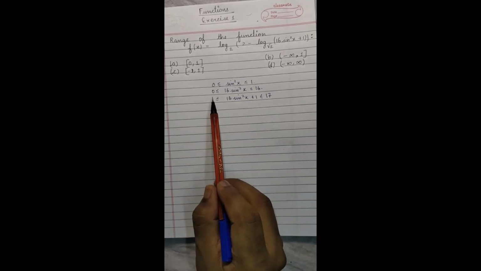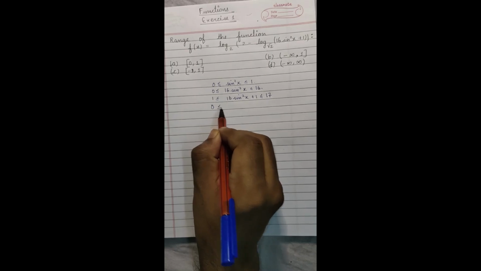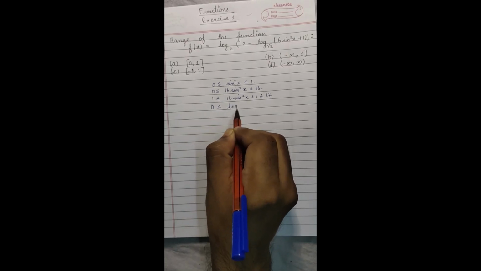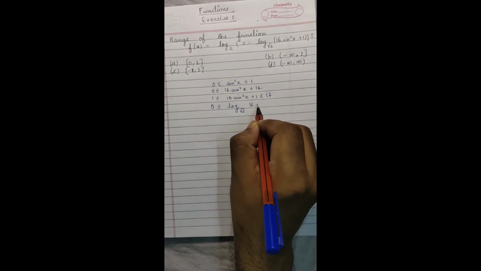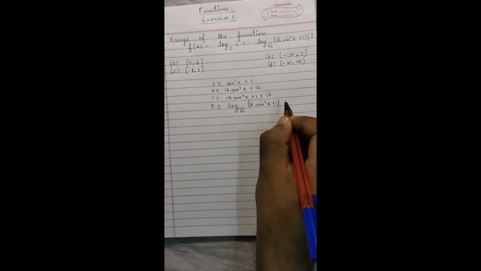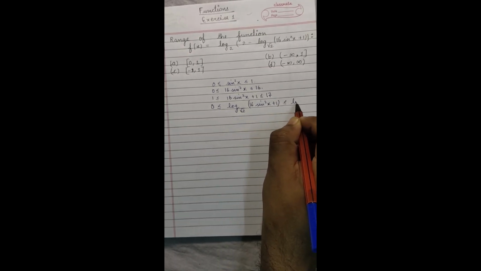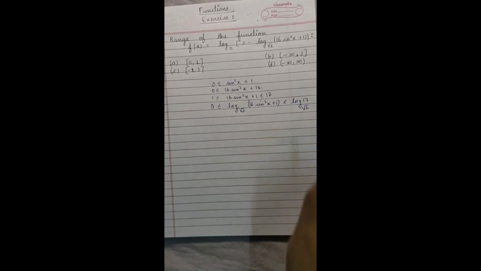But I know that log 1 is 0, so this becomes 0 less than equal to log base root 2 of 16 sin square x plus 1 less than equal to log 17 base root 2.